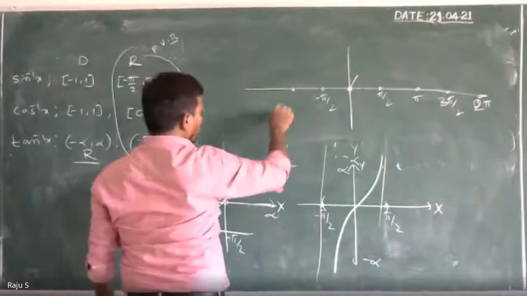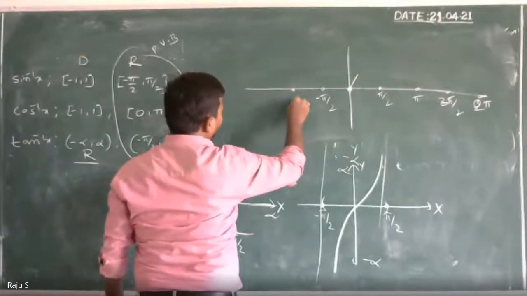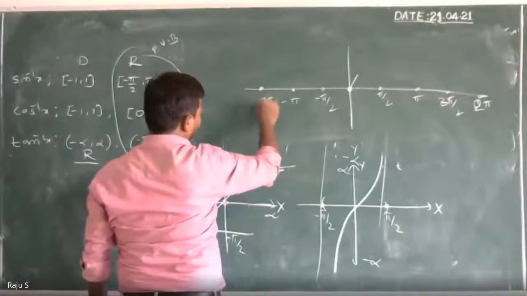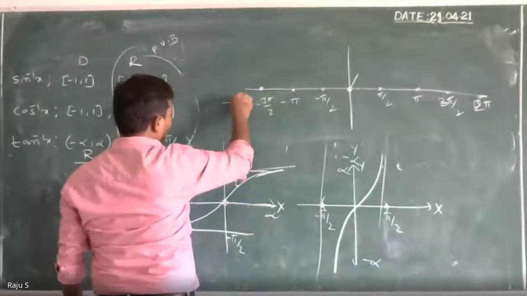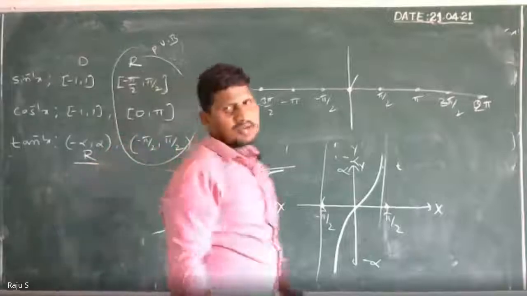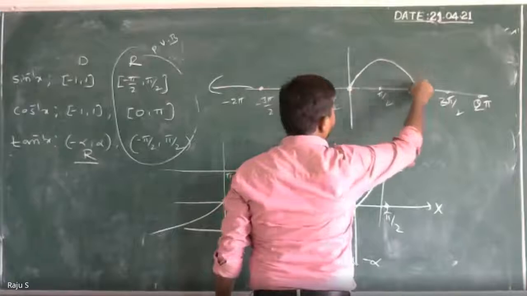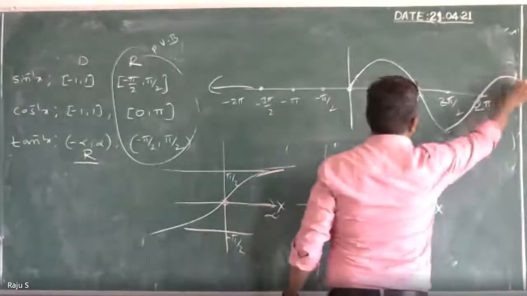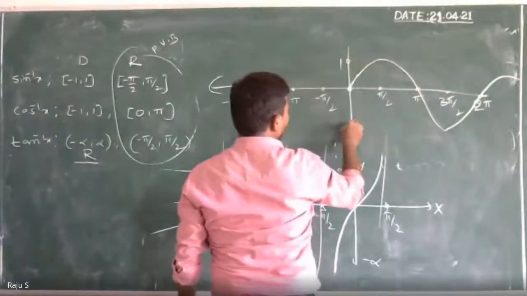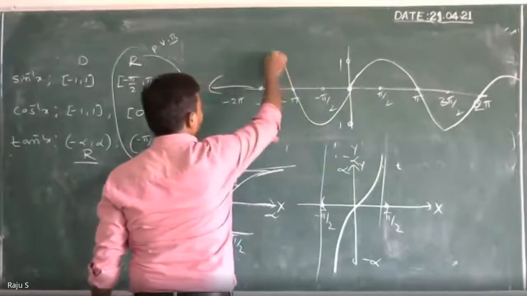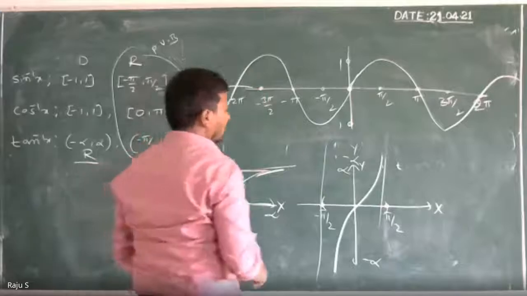I'm going to explain the cosecant x graph. First we have to draw the graph of sine. Sine x is like this, with 1 here and minus 1 here. Okay, this is the graph of sine.